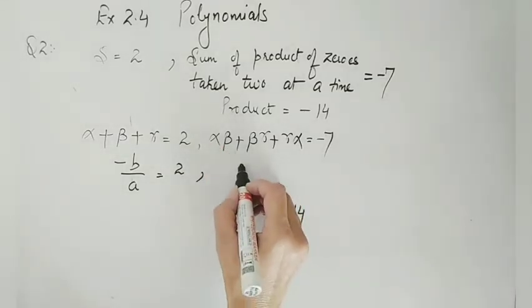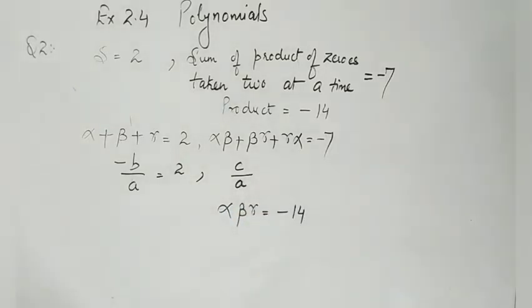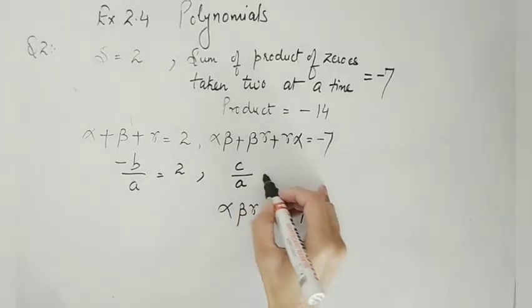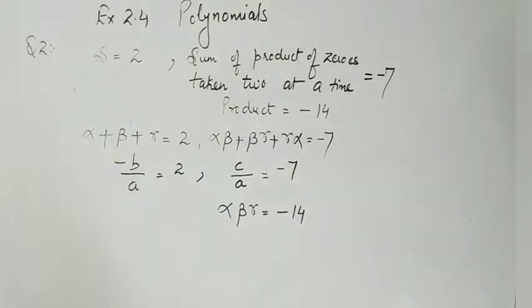This one is represented by c by a. C by a is -7. And finally comes alpha beta gamma. How were we representing this? This is minus d by a, which is -14.